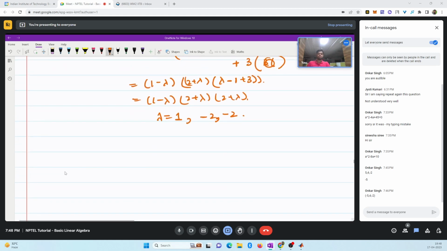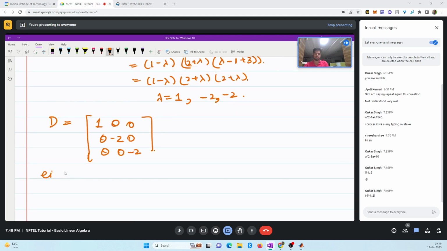Now you have obtained your matrix D. What would be your matrix D? D would be 1, 0, 0, 0, minus 2, 0, 0, 0, minus 2. And in order to obtain matrix P, we need to find eigenvectors.